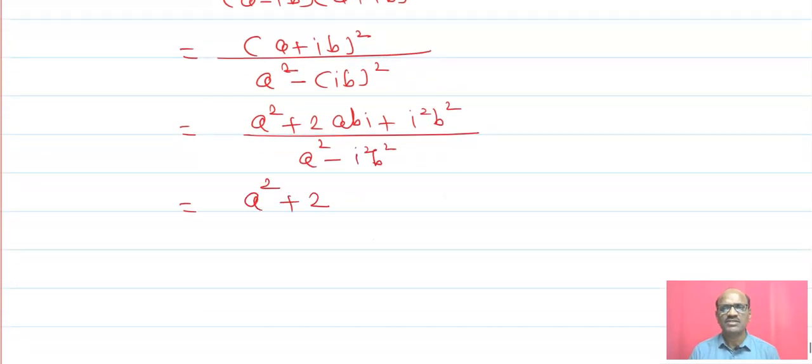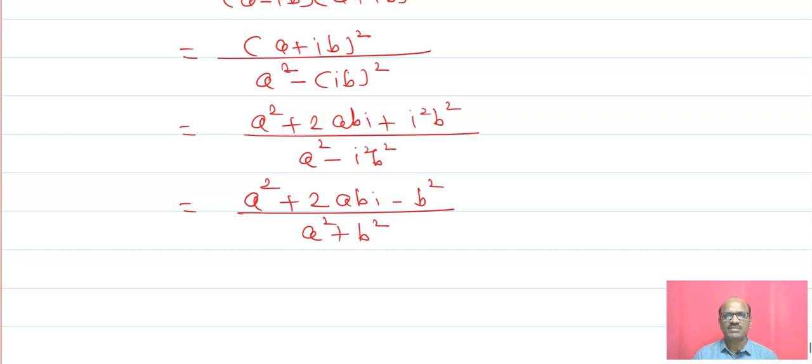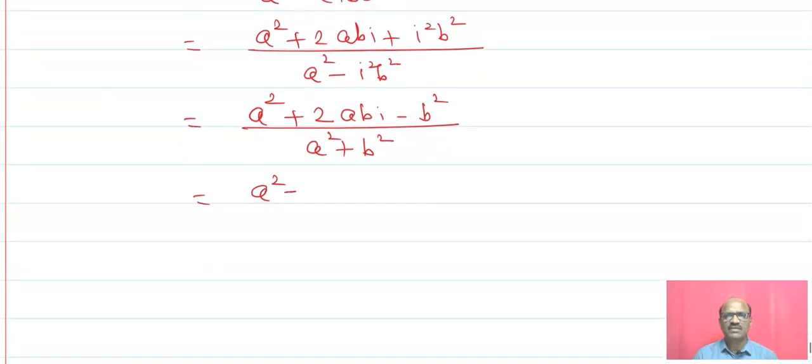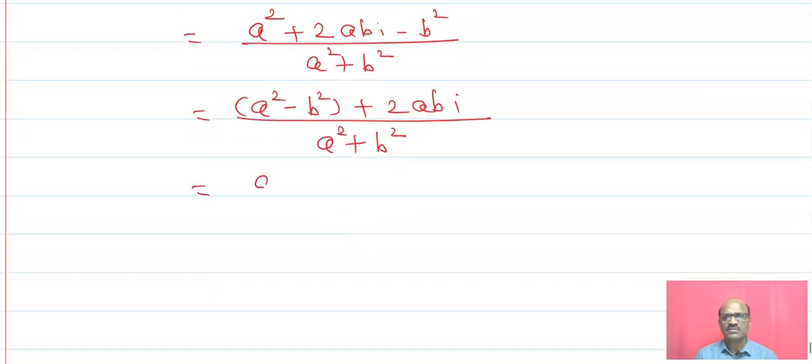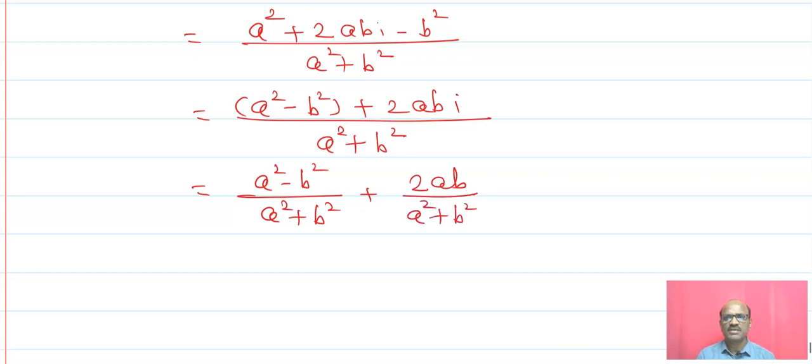I square means minus, and minus minus will become plus. Therefore, a square plus b square. That is a square minus b square plus 2abi upon a square plus b square. Now separate this: a square minus b square upon a square plus b square plus 2ab upon a square plus b square into i.